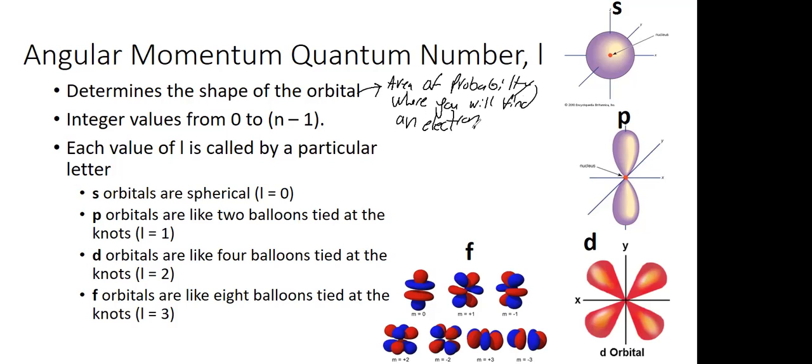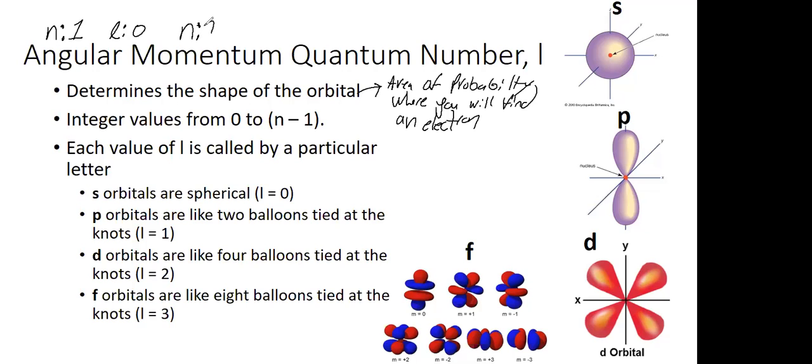And our second quantum number, l, the angular momentum quantum number, has integer values as well that range from 0 to n minus 1. So what that means is that if you're looking at an electron that has a principal quantum number n, an energy level, of 1, the only value of l it can ever have is 0.